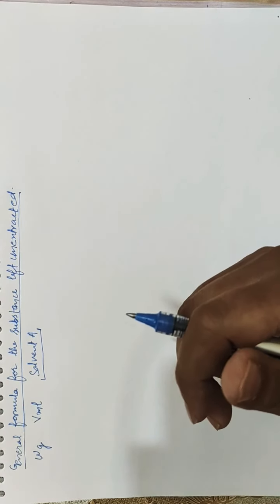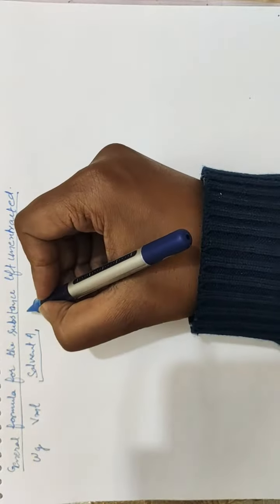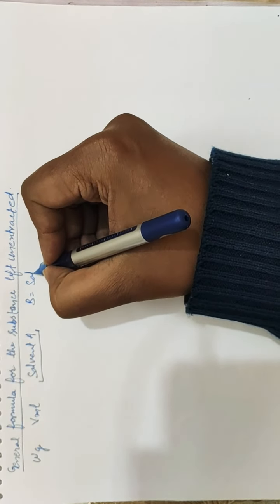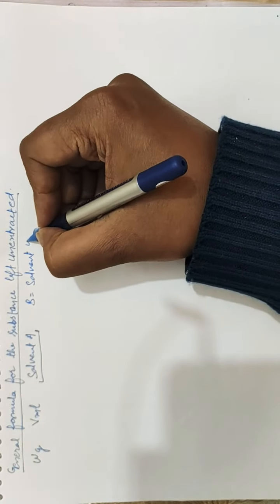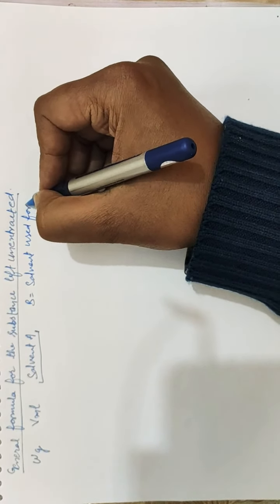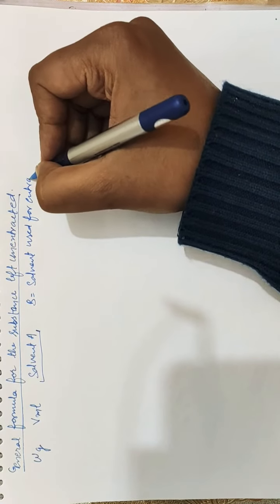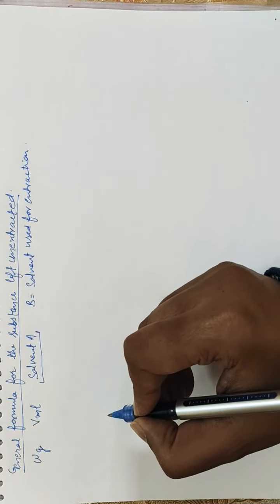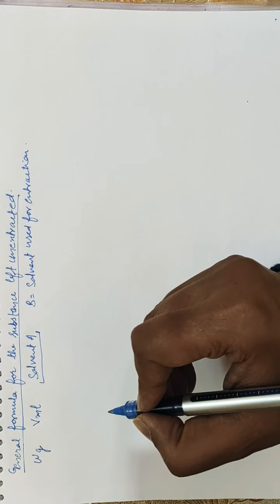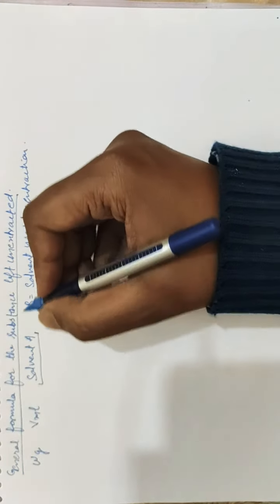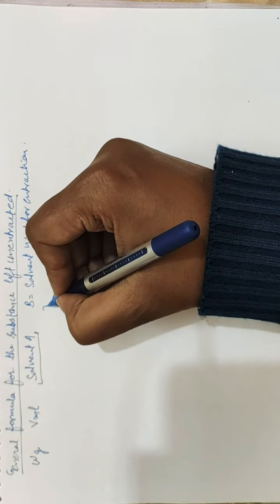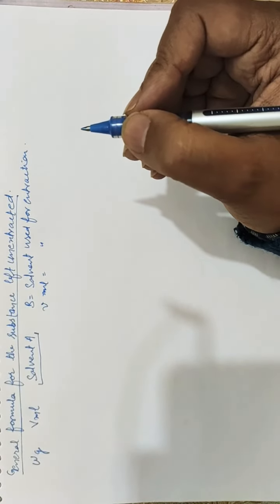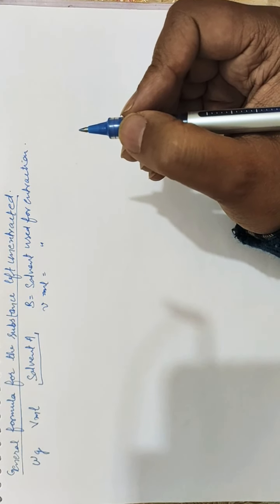It is extracted with the extracting solvent B. So B is the solvent used for the extraction, and small v ml of it is used. This is capital V and this is small v ml of this solvent that has been used for the extraction each time.